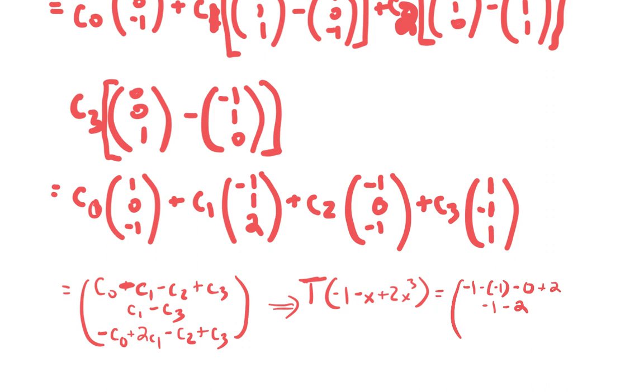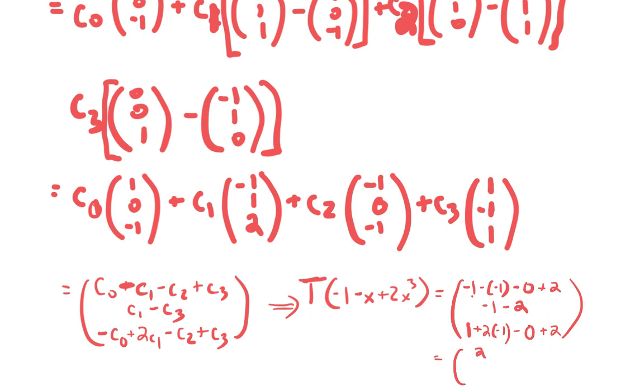And here we have negative C0, so that's plus 1, plus 2 times C1, so that's minus 1, minus C2, so minus 0, plus C3, which is 2. And then we just simplify that. Negative 1 plus 1 is 0, minus 0 plus 2 is 2.